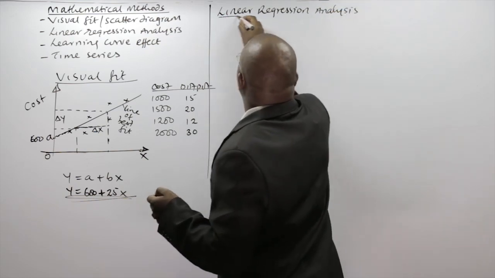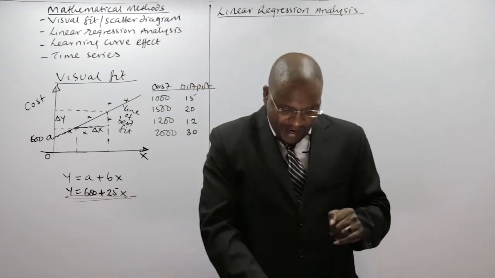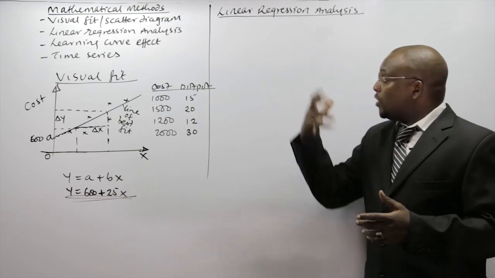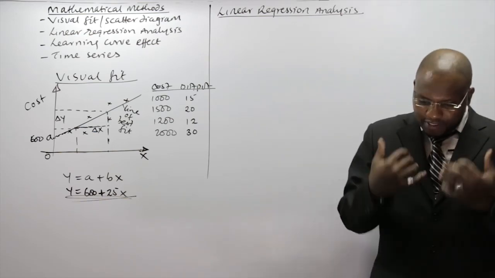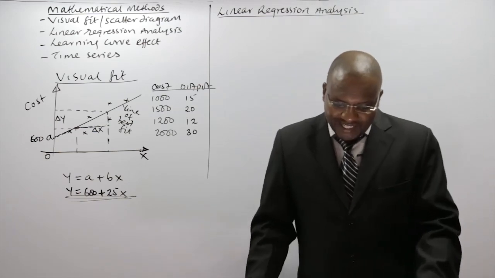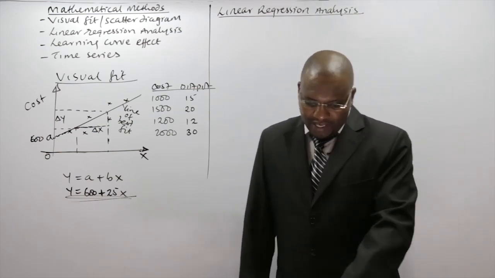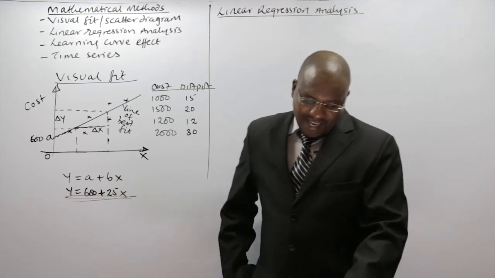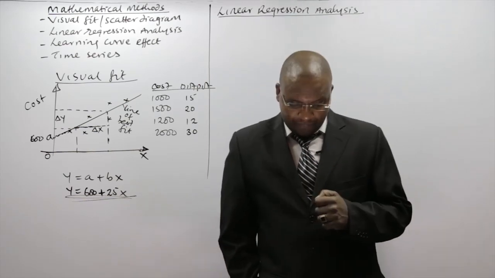Now, what is linear regression analysis? You'll say that this is also known as least square regression analysis or least square method, which is a statistical technique that analyzes the relationship between the independent variable and the dependent variable.